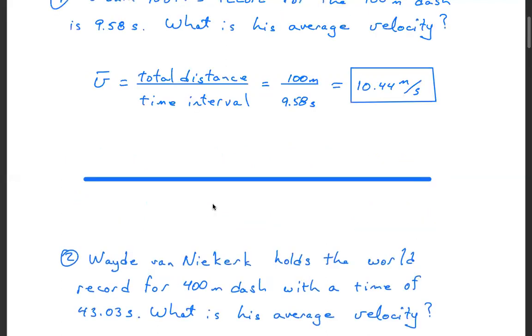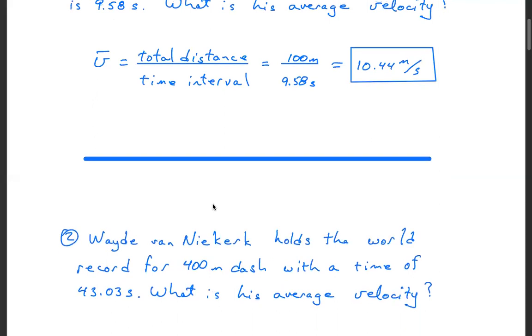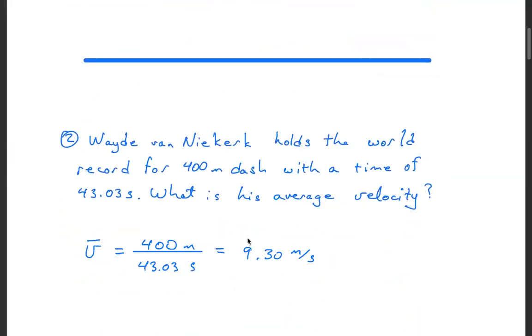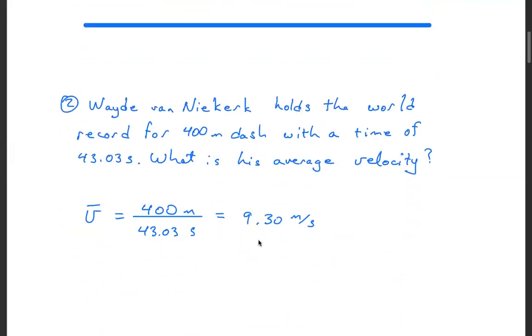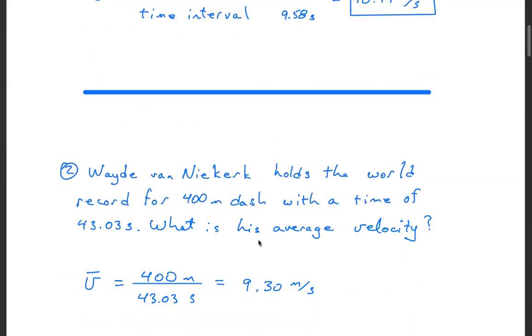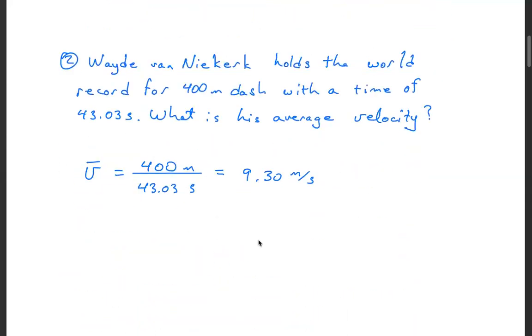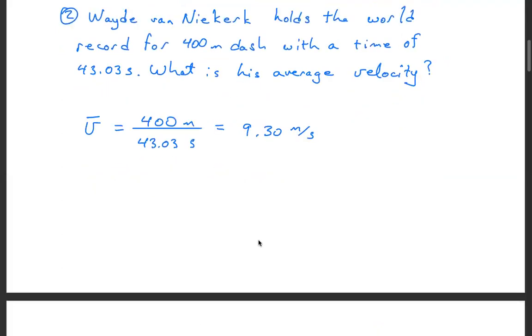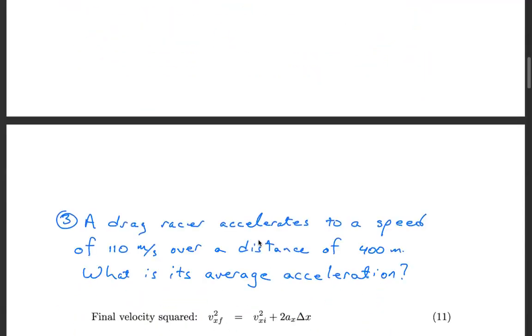And you can see that's slower than the 10.44, but to maintain that over 4 times the distance is a little difficult. Even Usain Bolt doesn't hold the record for the 400 meters. It's a much more difficult task to maintain that high speed over 400 meters.